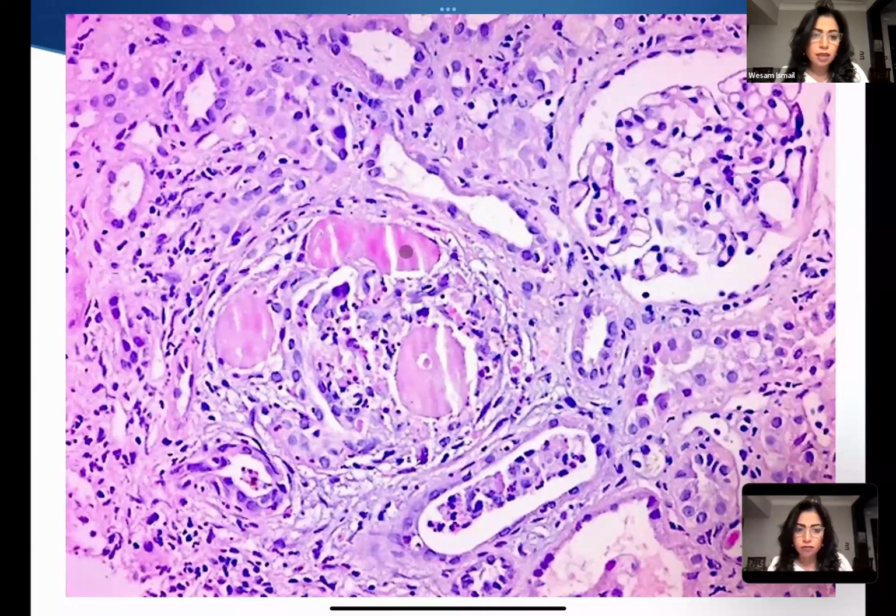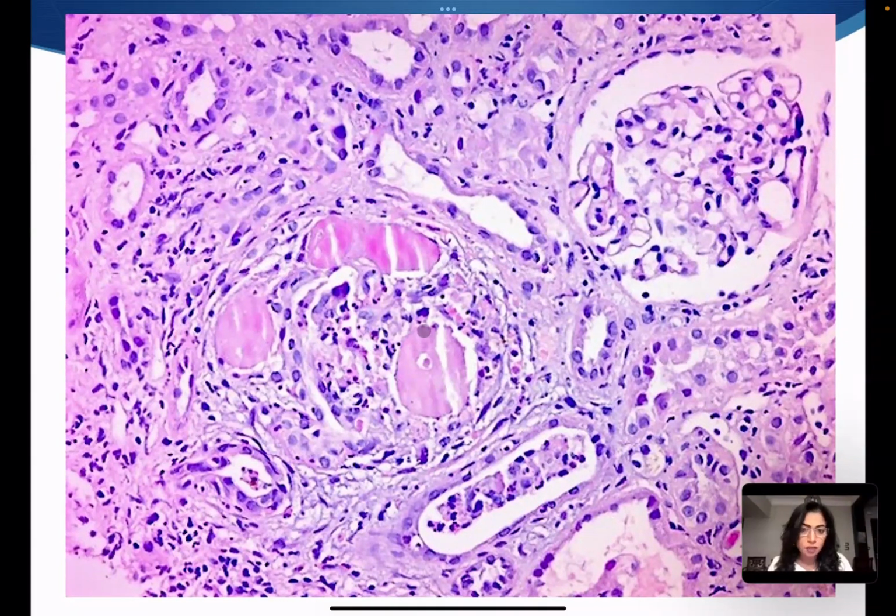However, I did not like it because it elicited a strong tubulointerstitial reaction around it. This was the single suspicious cast in this biopsy. And based on this broken or fractured cast, as Khaled Abu Zaid is saying, we call it fractured rather than broken cast, with this inflammatory reaction, I suggested that this patient probably has a light chain cast nephropathy.